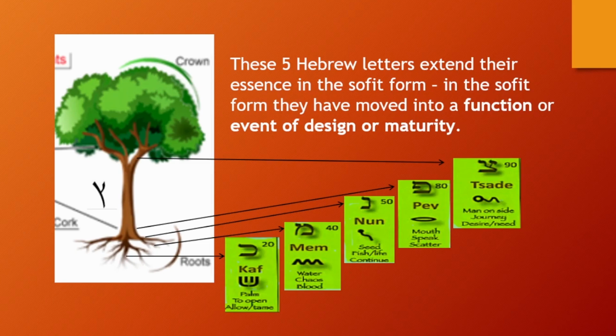It means that in the Sufit form they have moved into a function, an event, a design, or a maturity. So it's like with Sufit Nun, I'm just going to quickly use Nun. That's a very easy one to explain. You have Nun, which is a seed.